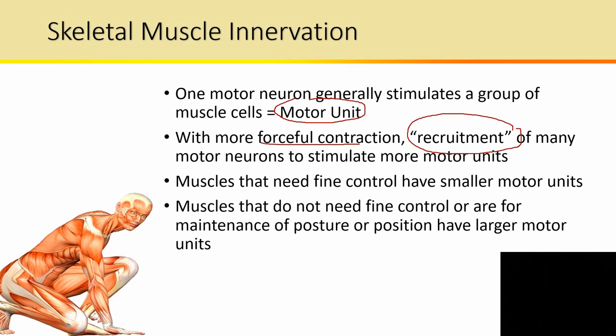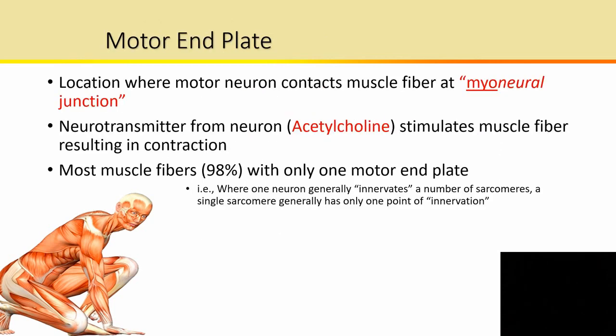It's logical when you start to think about it. Muscles that don't need a lot of fine control, like those for maintaining posture, have larger motor units. In other words, one motor nerve will supply many more sarcomeres, whereas in muscles that need fine control, one motor nerve will supply very few sarcomeres. It just gives more neurological control over that muscle contraction.